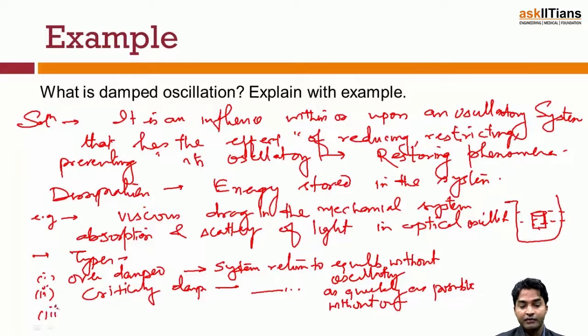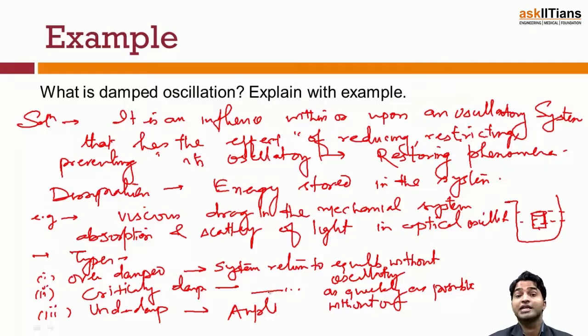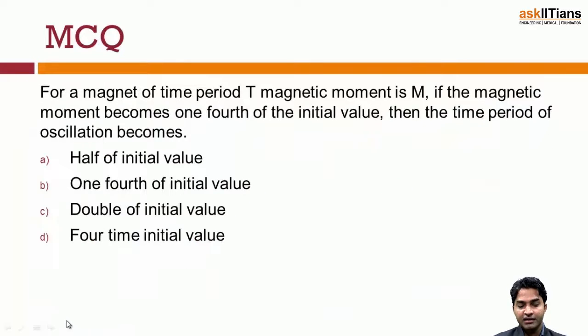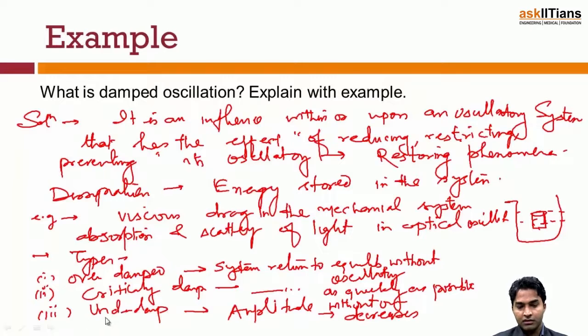In the case of underdamped, the amplitude decreases. The phenomenon is the same: the system returns to its equilibrium position but with decreasing amplitude. And the fourth type is damped.